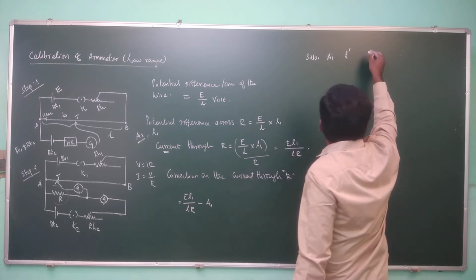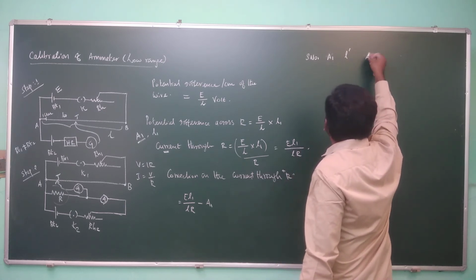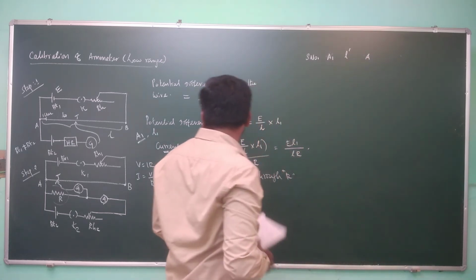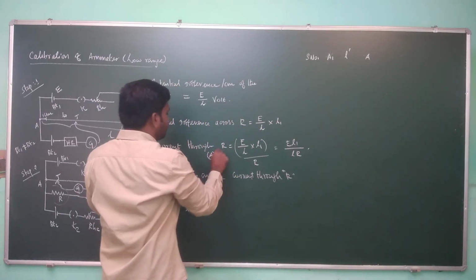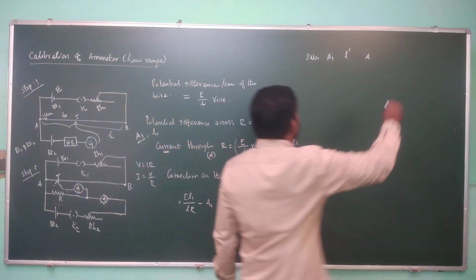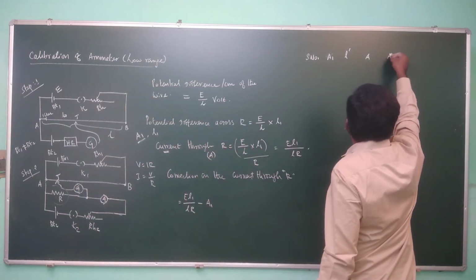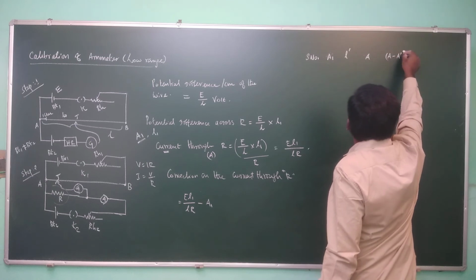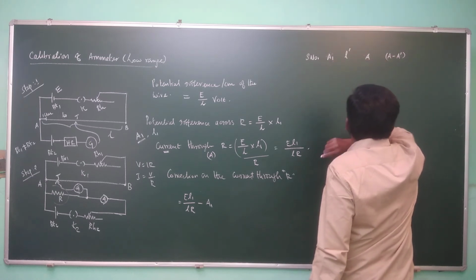Then what is the estimated current? Let's put it as A, the estimated current using theory. Now what is the correction? The correction is nothing but A minus A prime, that is theory minus experiment.